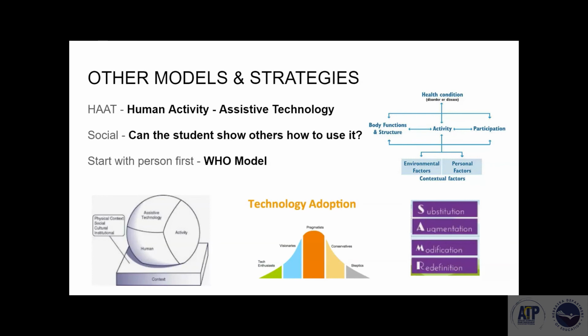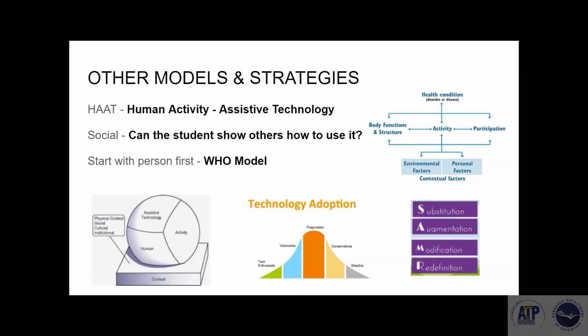So by kind of expanding our mind and looking into other models, it can sometimes help us find something that might be hidden or not as obvious with our student when we are going through and doing our IEP. And as I said, it sometimes can lead to something that can benefit other students as well.